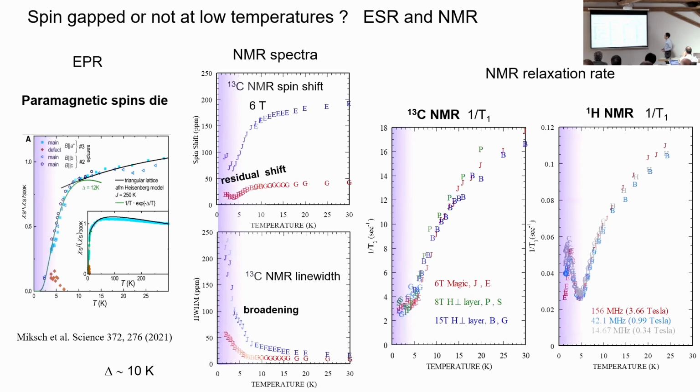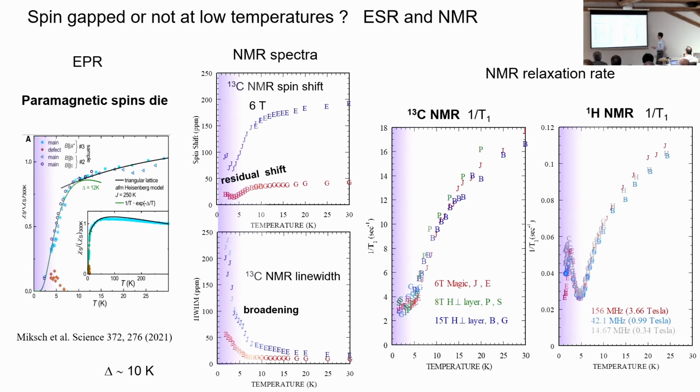Okay, but what is curious is the NMR relaxation rate. Different magnetic fields and different magnetic orientations gave nearly the same data.